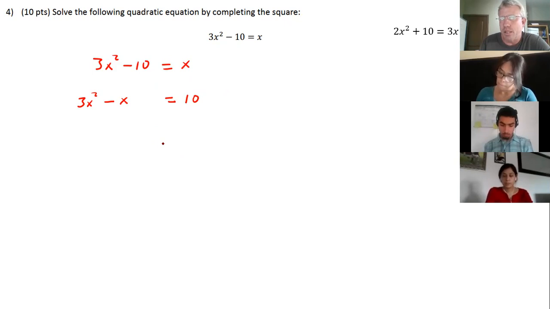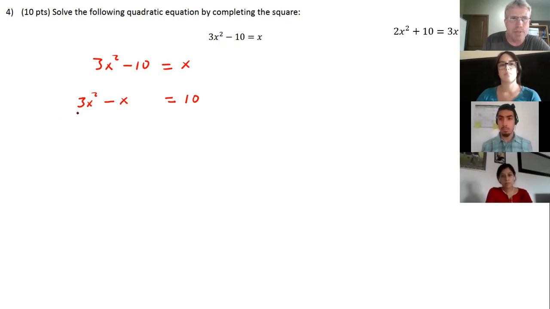And then the next thing is you have to recall that when we developed the completing the square process, it was predicated on the leading coefficient, the coefficient of the x squared term. That leading coefficient needs to be a 1. The whole process of completing the square was predicated on that.